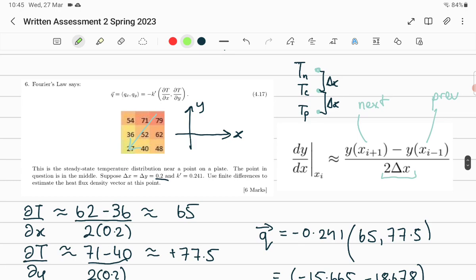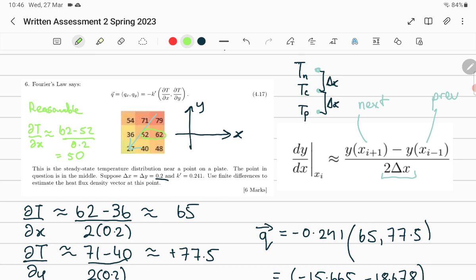Now what you could do, and it would be reasonable, would be to just look at these two. So the partial derivative in the x direction, just do a rise over a run. So you get 62 minus 52 divided by delta x, and the delta x is 0.2. And that, to me, looks like 50.